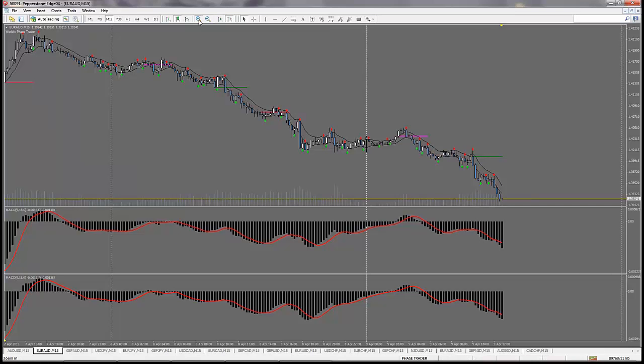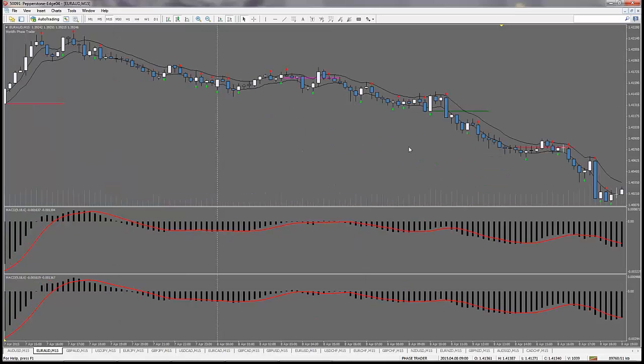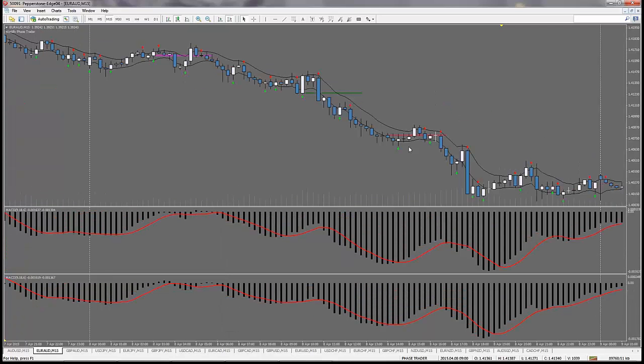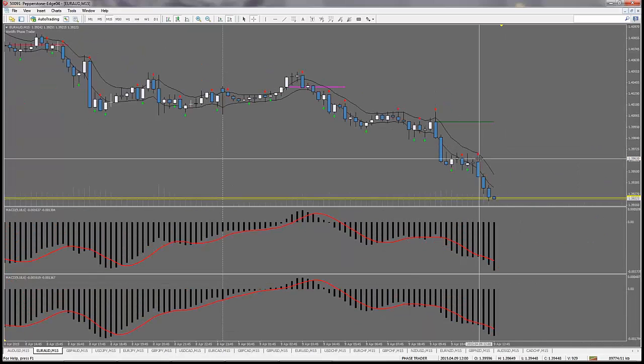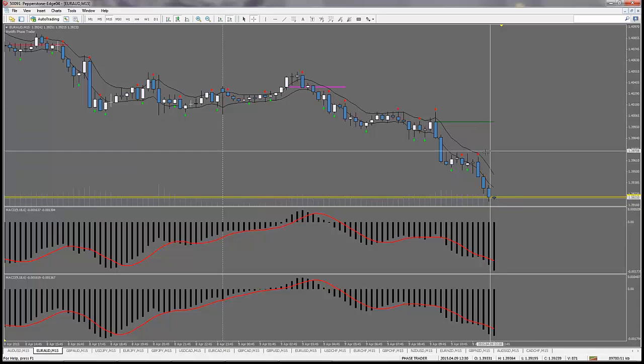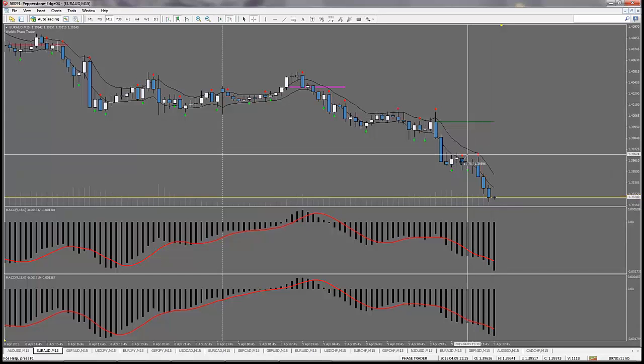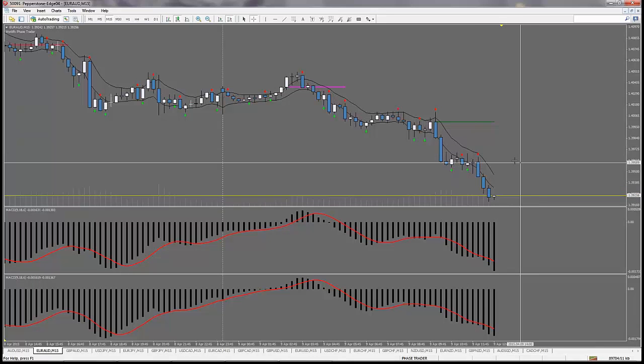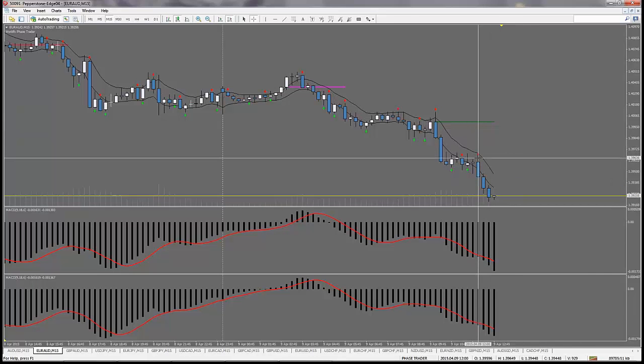If I zoom in a little, it's not a real solid entry, but you could have taken this bar here from this signal, or this bar here from this signal. Now it's not as straightforward as it could be.